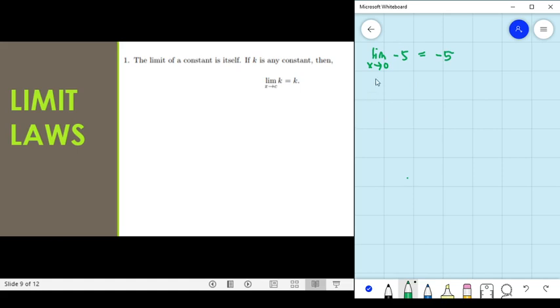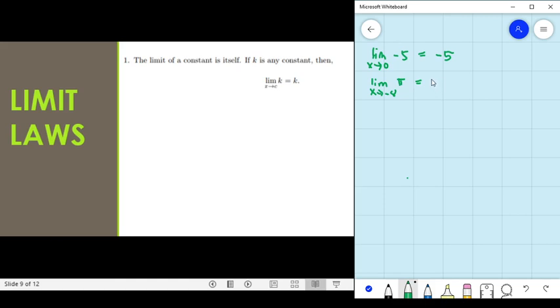Okay? Another situation, if we have the limit of pi as x approaches -8, the answer is pi, because pi is a constant, 3 point something.